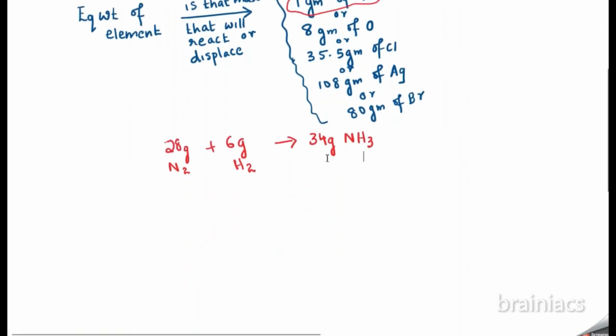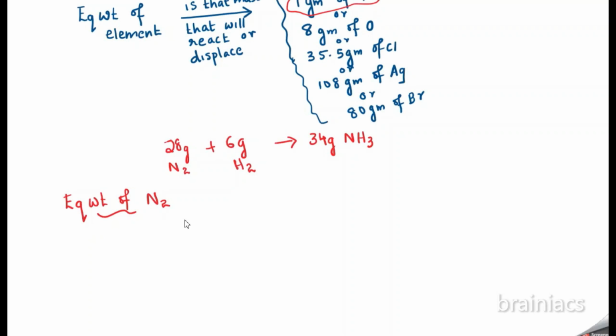Now we know that first we will calculate the equivalent weight of nitrogen. Tell me, as per my definition, if I want to find the equivalent weight of nitrogen, I need to say that the equivalent weight of nitrogen is that mass that will react with how much gram of hydrogen? 1 gram of hydrogen.